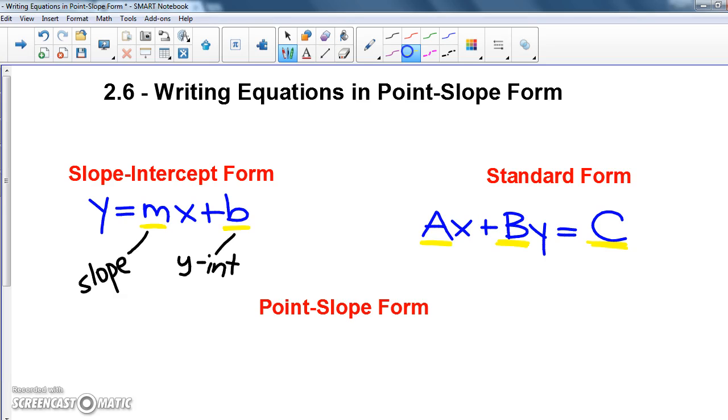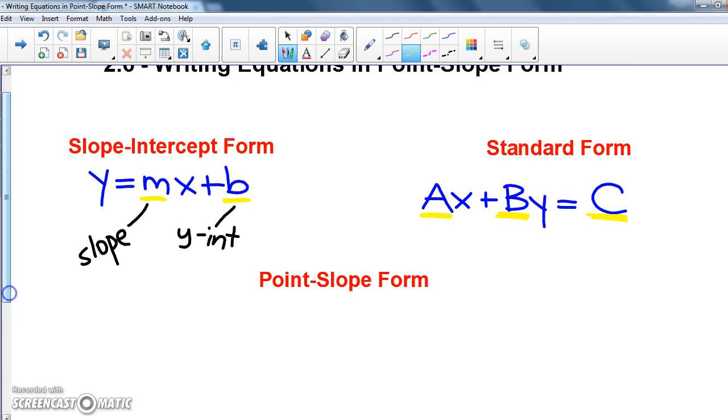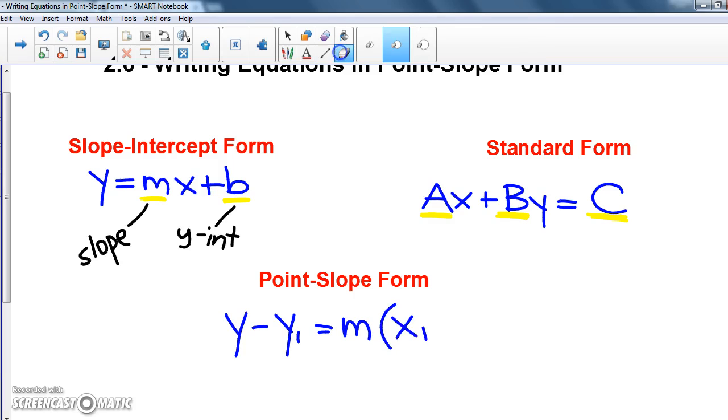The one we're going to learn today is called point slope form. And point slope form looks like this. So it's y minus y1, and I'll explain what all these things are, equals m parentheses x minus x1. Okay, so let me talk about these.